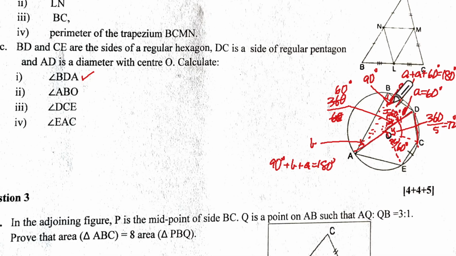So B plus A equal to 90 degrees, and A is 60 degrees. So B will be 90 minus 60, which is equal to 30 degrees. We don't have time to write all the steps, but remember to write the statements and reasons the way I have told you.